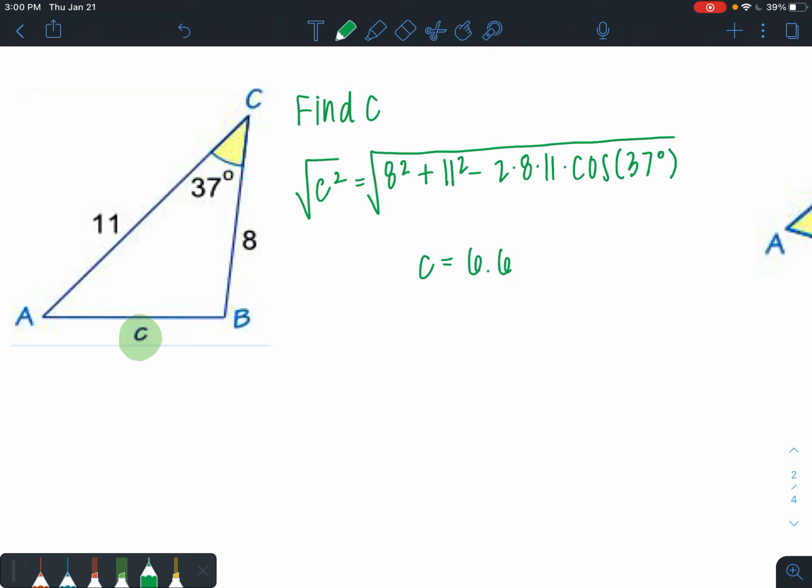C equals 6.6, we'll just say 6.7, and we'll label it units just to be safe. So there is our answer.